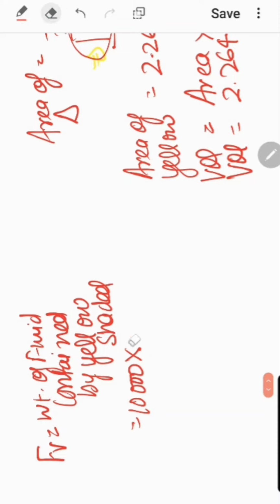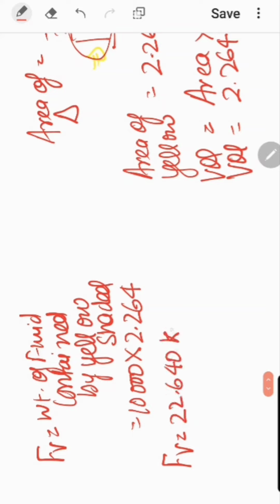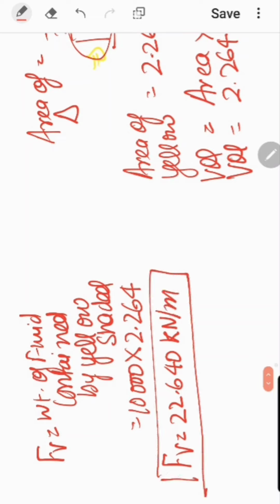So when you calculate this, the vertical force is going to come out to be 22.640 kilonewton per meter. Excellent. So vertical force is 22.640 and the horizontal force is 125 kilonewton per meter.